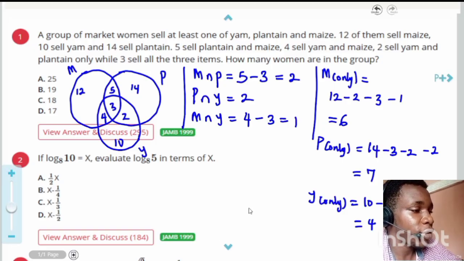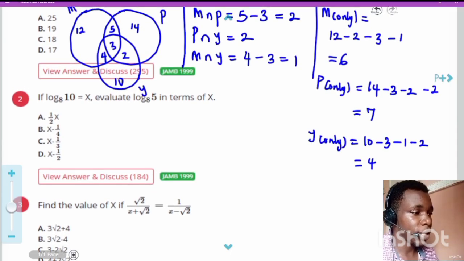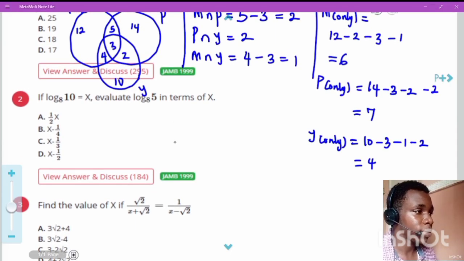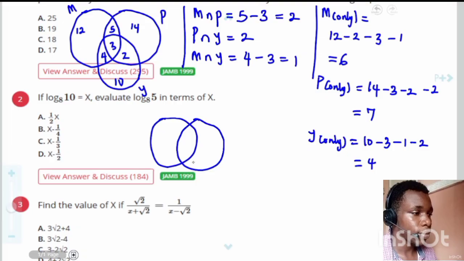I could resketch the diagram with the recent information obtained, and it would look something like this. Where we have maize, plantain, and yam.